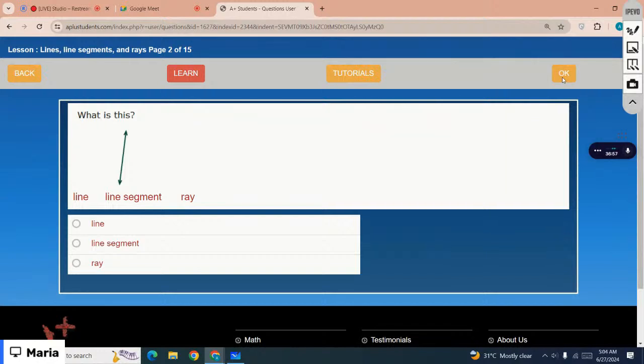What is this, line, line segment, or ray? Line, it is. The correct option is line.